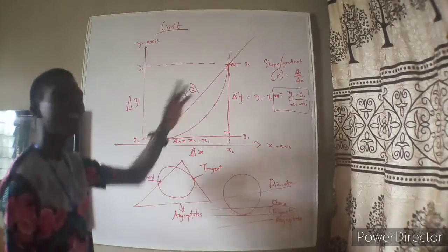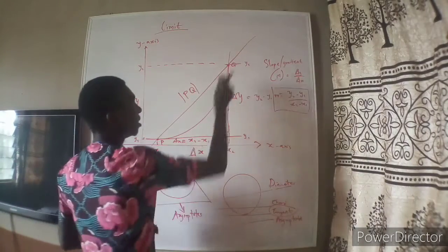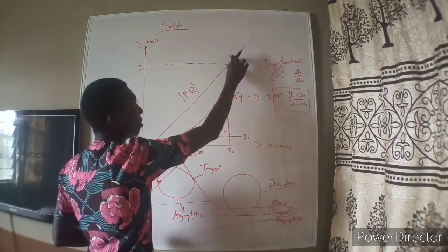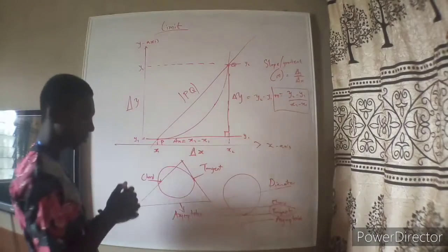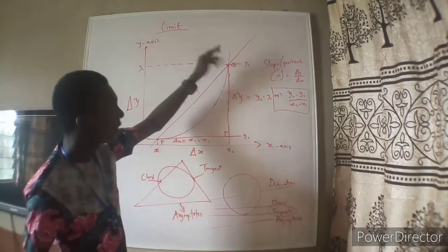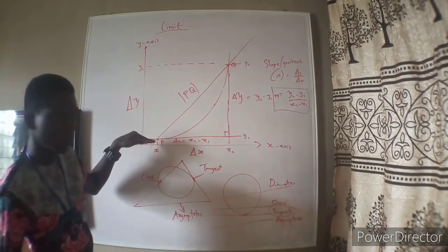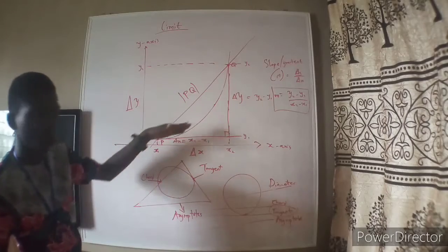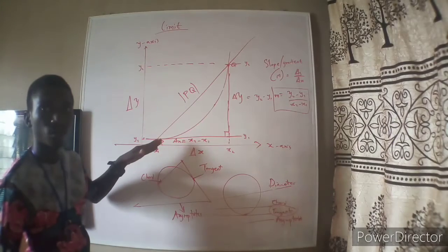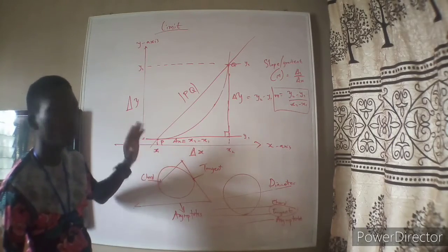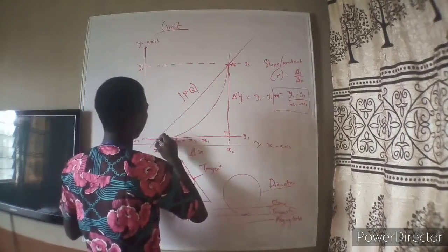Now, where it is related to limits is that, imagine this Q now approaches P. The P was here. Let's assume this Q is coming towards P. It's coming towards P. What happens? It will reduce to this.